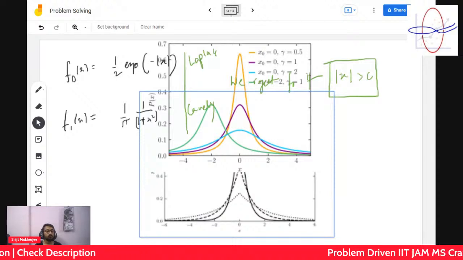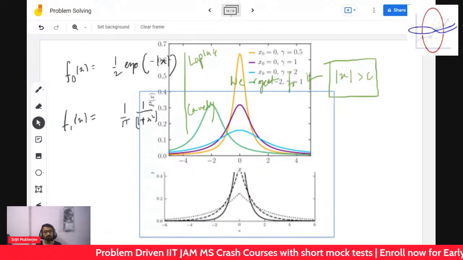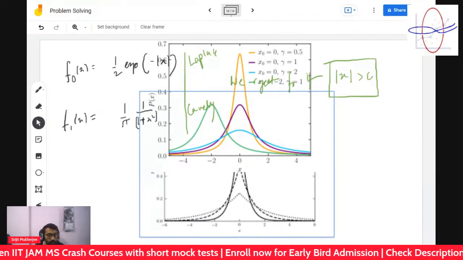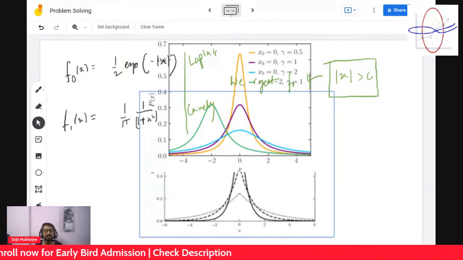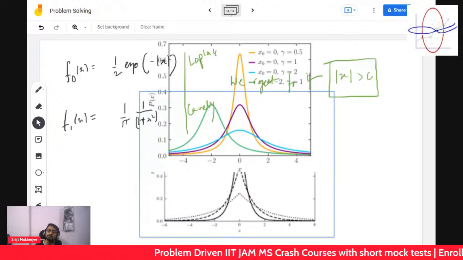What is the expectation of mod x for Cauchy? Bolo? It's infinity.